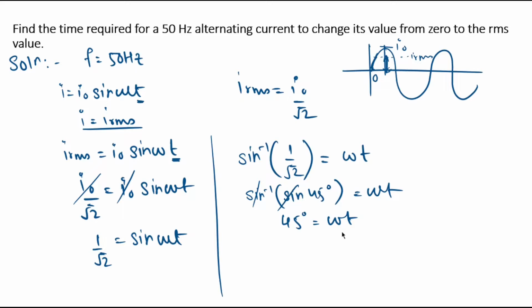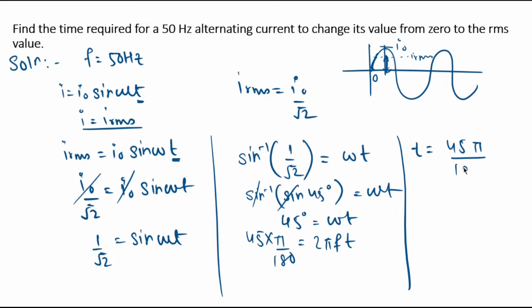Now we know that omega is given in radian per second, so we need to convert this degree into radian. So 45 into pi by 180 is equal to omega t, which can be written as 2 pi f into t. This implies that t is equal to 45 pi by 180 into 2 pi f.